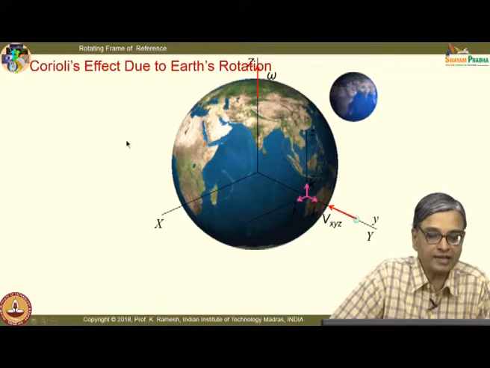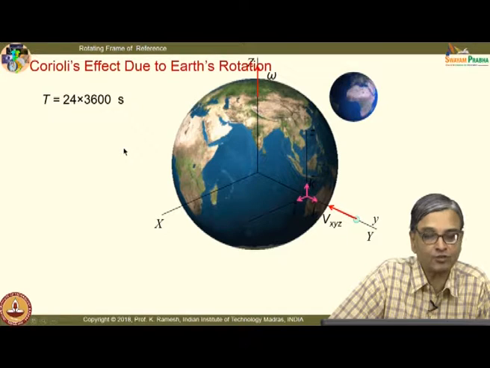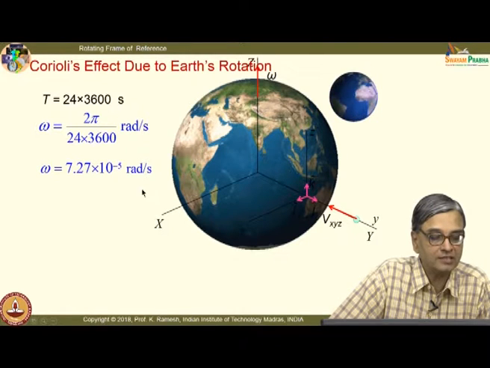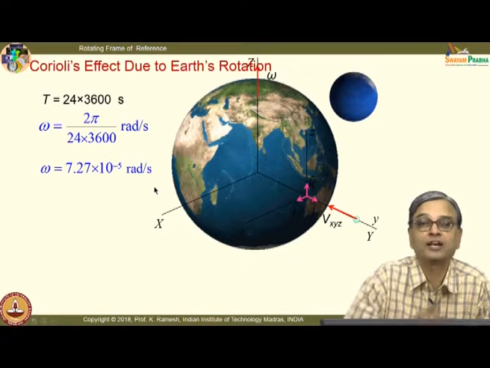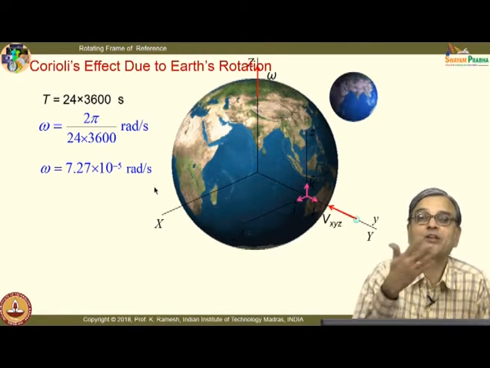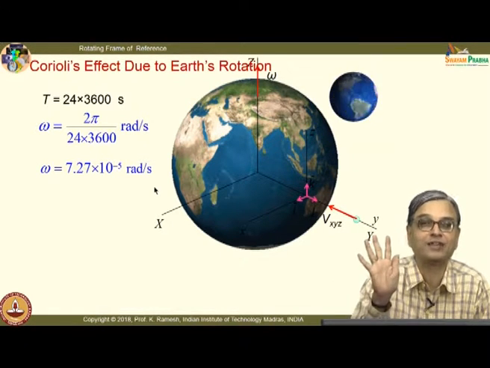You should also realize that when a ballistic missile is hitting far away, if you do not account for the Coriolis effect, it is not going to hit. In fact, history says that in the Second World War, Germans were targeting Paris, about 120 kilometers away from their place. They were not able to hit the city of Paris, it was deviating because of the Coriolis effect, thankfully.